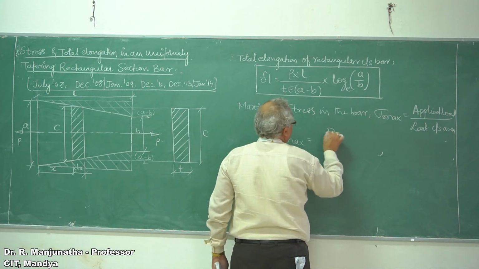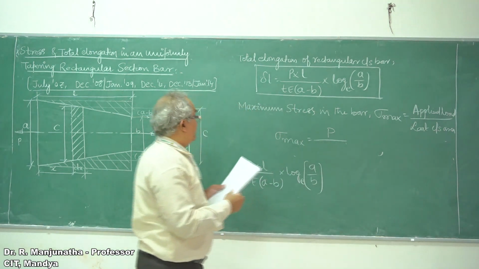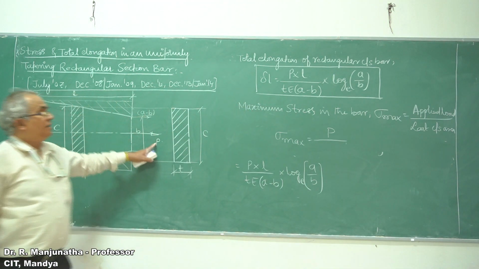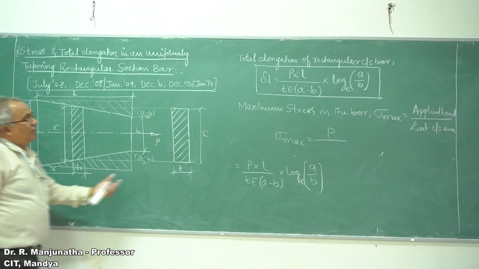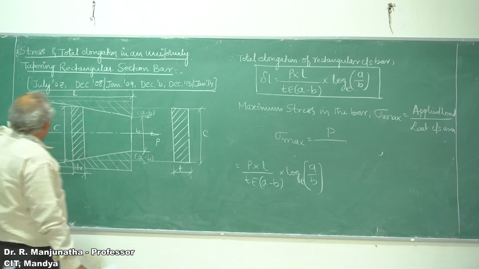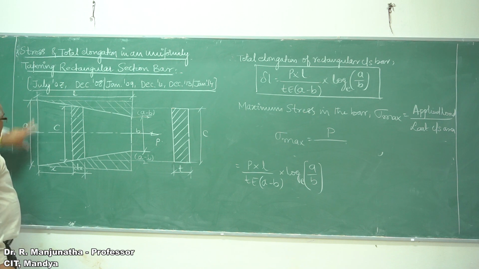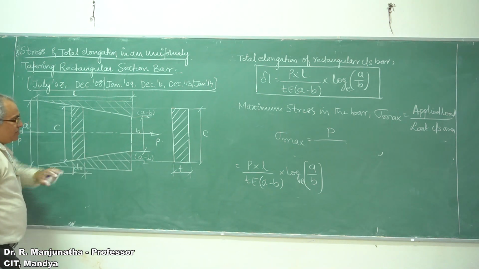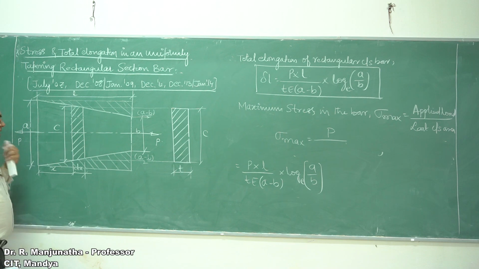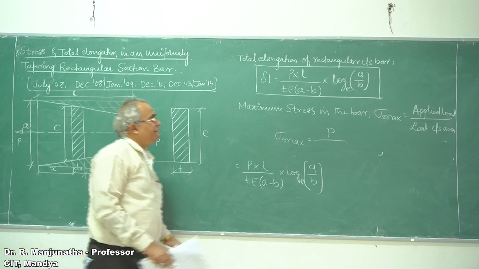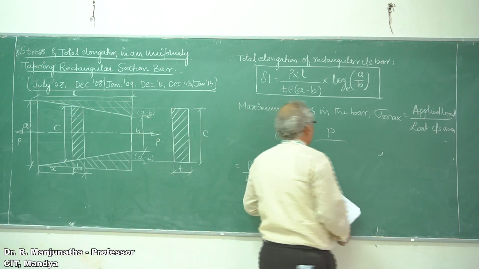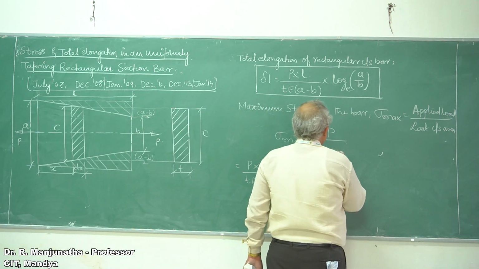The applied load is a constant for that material, the axial load P, and the least cross-sectional area. Suppose A into T is bigger than B into T. Then the stress will be less at the bigger end, and at the smaller end the stress will be maximum, so that will be equal to B into T.